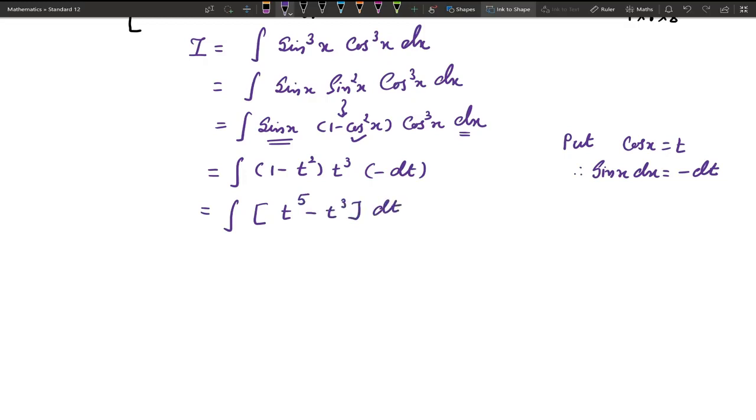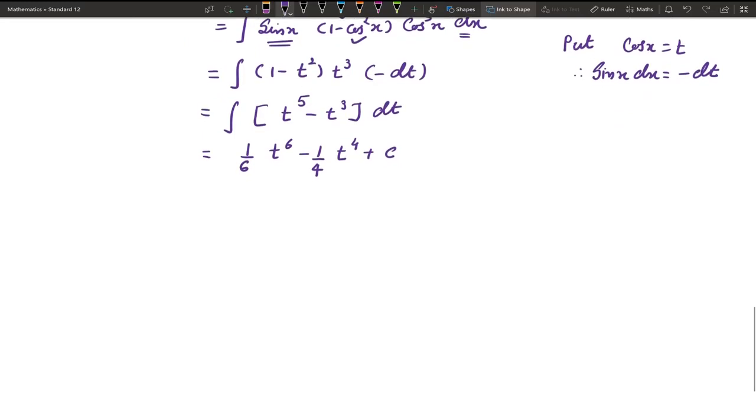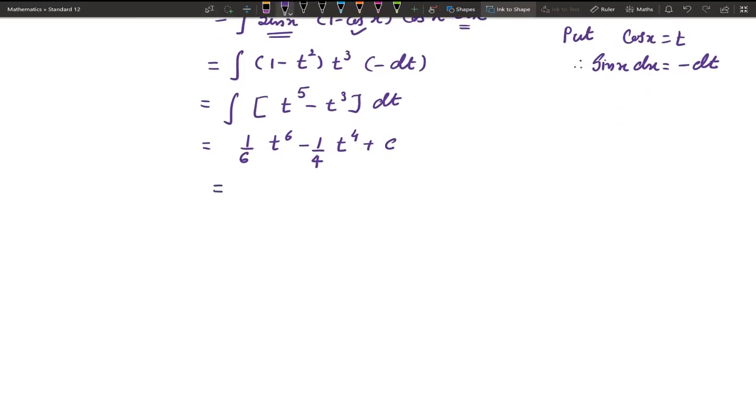So term-wise we can integrate. This is 1 by 6 t raised to 6, minus 1 by 4 t raised to 4, plus c. Put the value t equal to cos x.